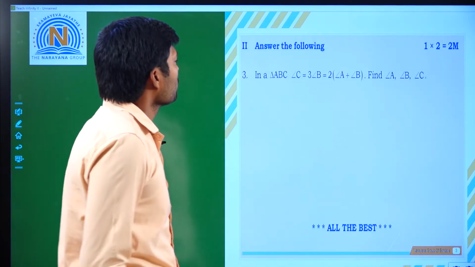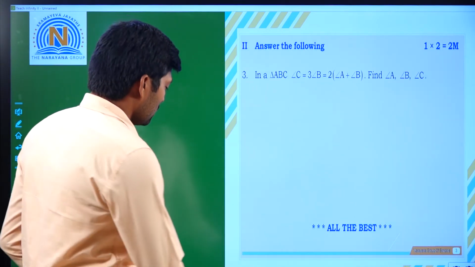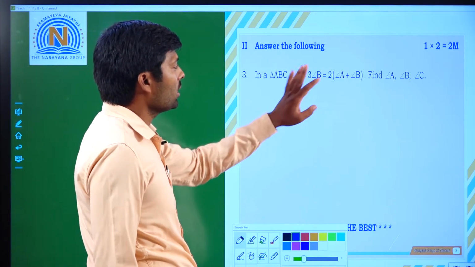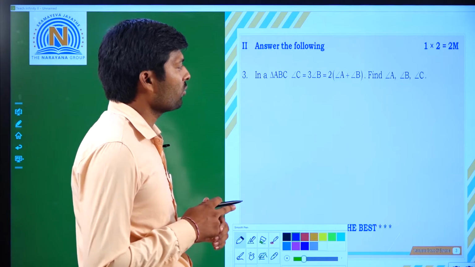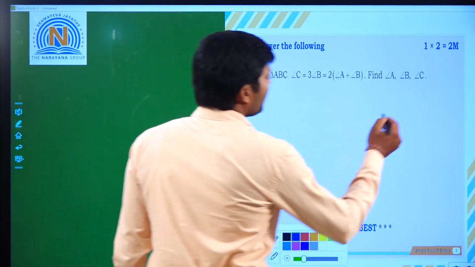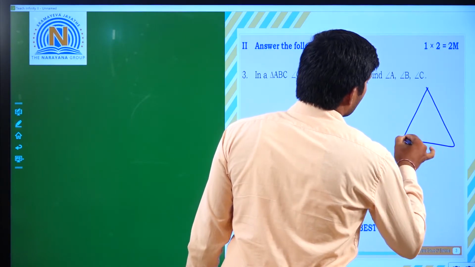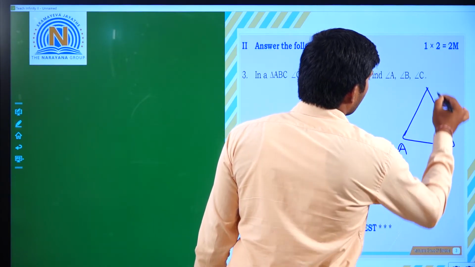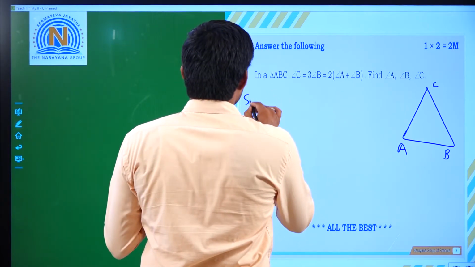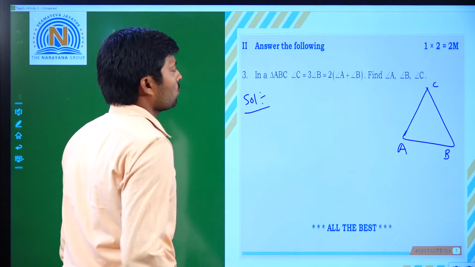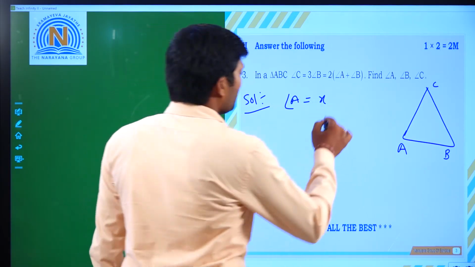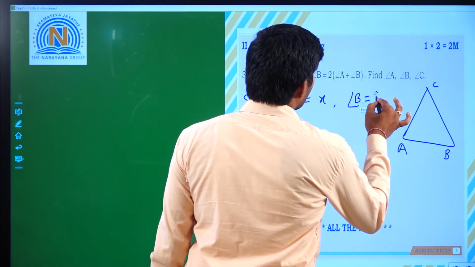So, in a triangle ABC, angle C is equal to 3 times angle B, which is equal to 2 times angle A plus B. Find the angles A as well as B and C. So from triangle ABC, before going to solve this one, let us consider angle A is equal to x and angle B is equal to y.